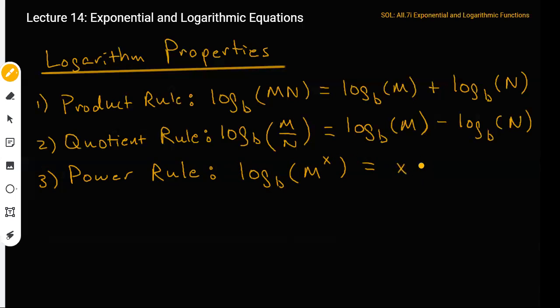So that's going to be x times log base b of m. Notice where that x goes. It goes from the exponent to being on the outside. Now it's being multiplied by the log. So that's the power rule.